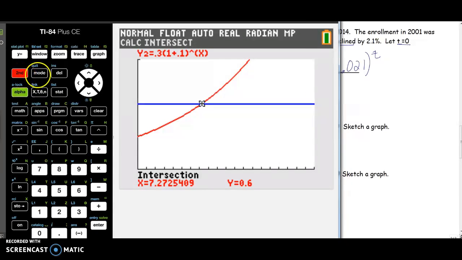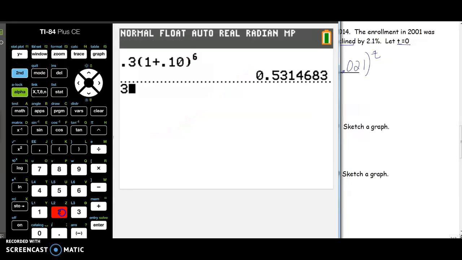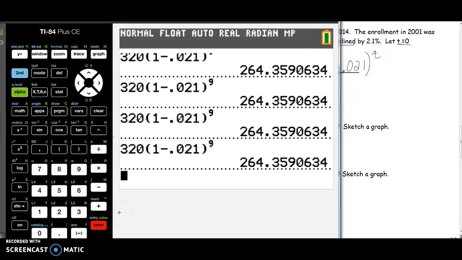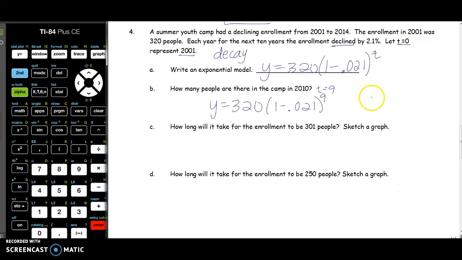So if you did this, 320 times 1 minus, because it's decay, 0.021 raised to the 9th power, it's going to give you 264.36. But since we're talking about people, there's 264 people at the camp in 2010.